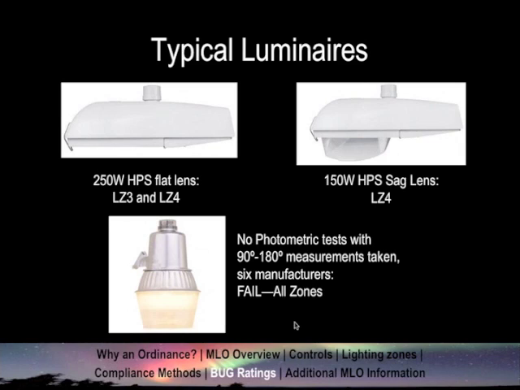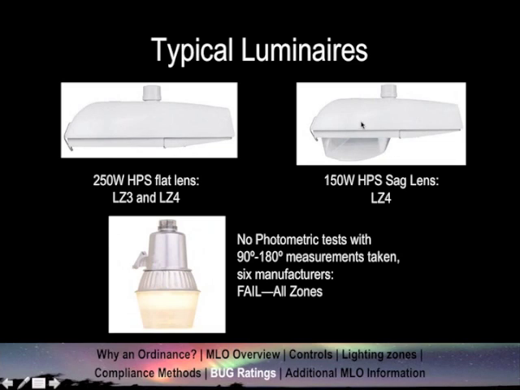But let's go through some typical luminaires and how do they look for as far as where they would be accepted in different lighting zones. A 250 watt high pressure sodium flat lens cobra head, please note they will only be allowed in lighting zone 3 and lighting zone 4.